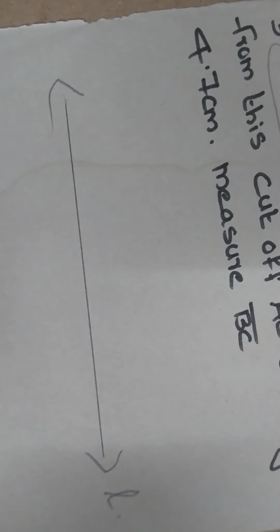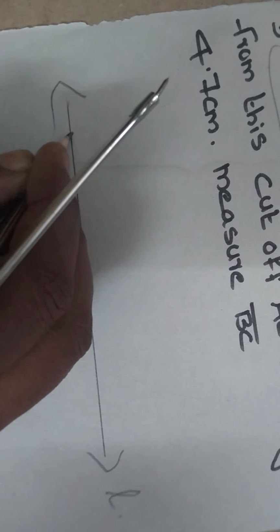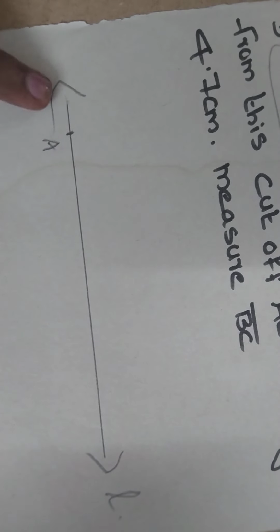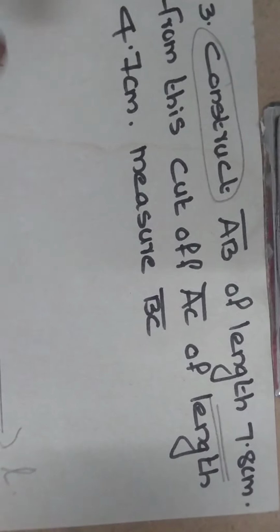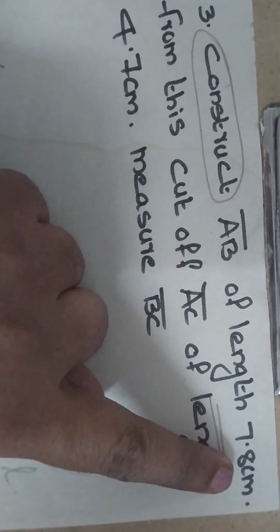The first procedure is to mark a point A, somewhat on the back side of the line L. Then how many centimeters do we take? 7.8 centimeter.